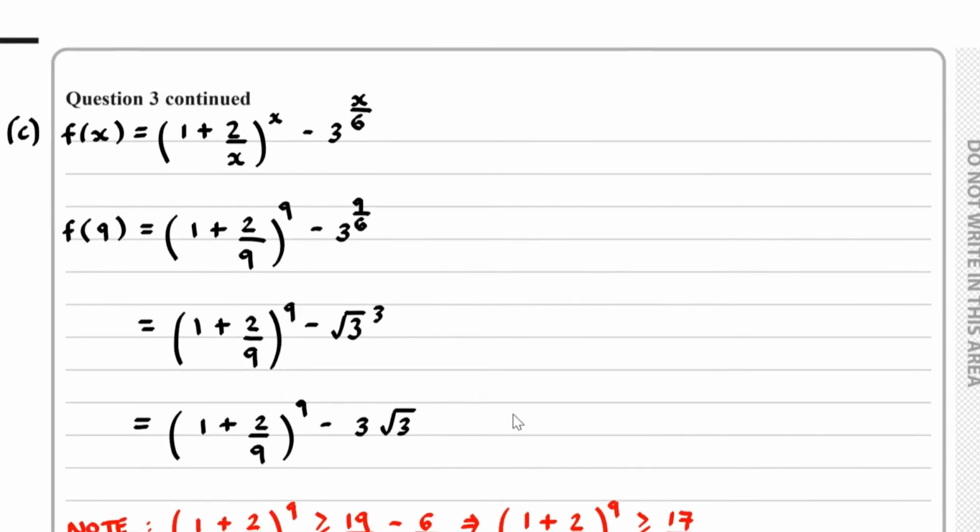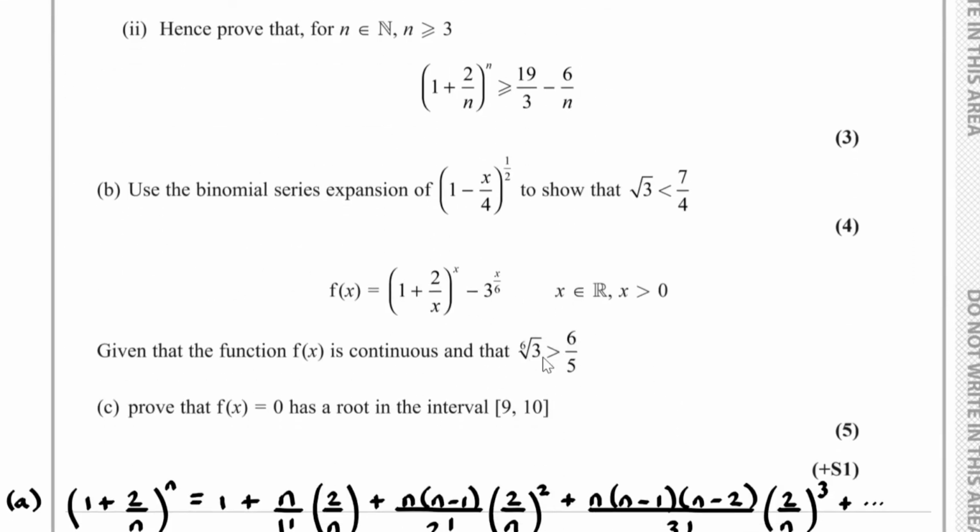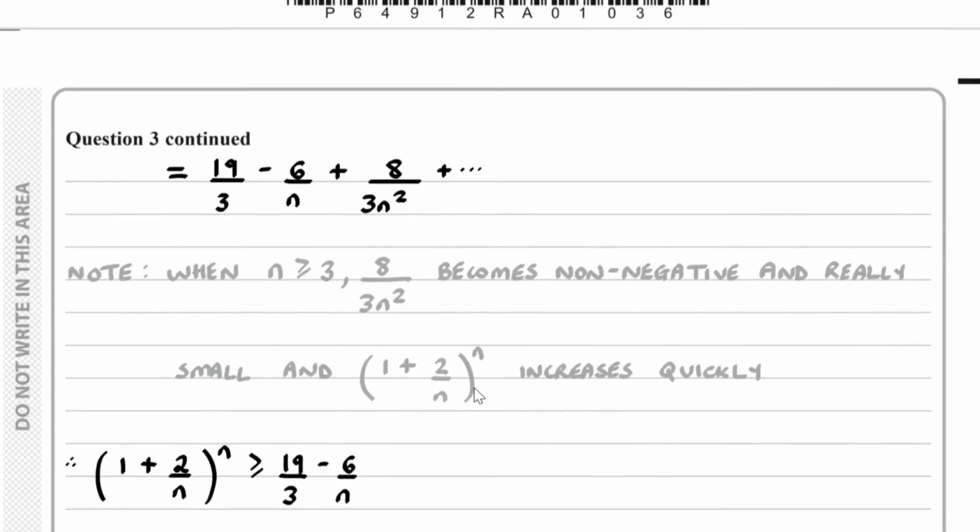And now what we need to do is evaluate this. And to help us evaluate it, what we were told in the question is that the 6th root of root 3 is greater than 6 over 5. So let's see how we can achieve that.